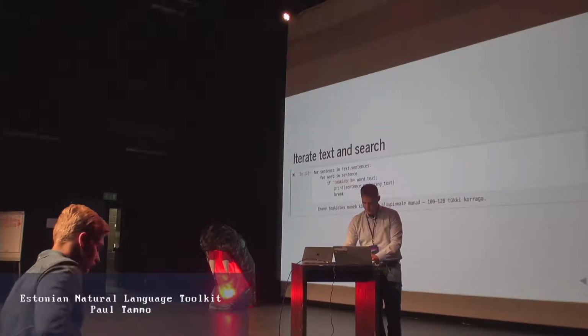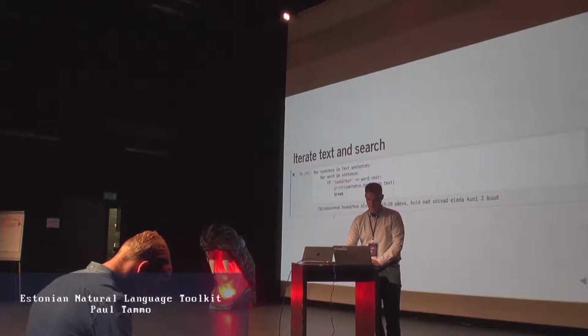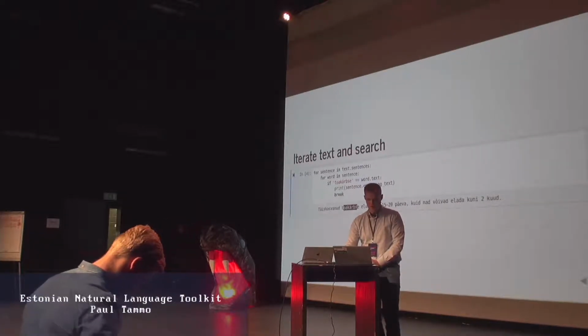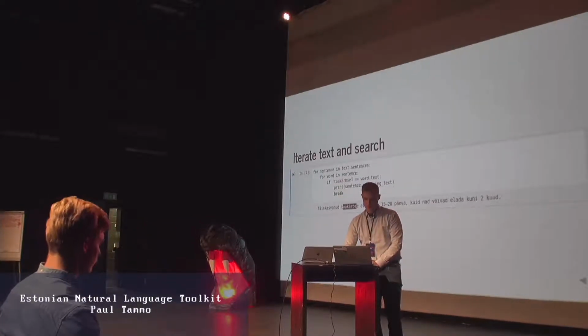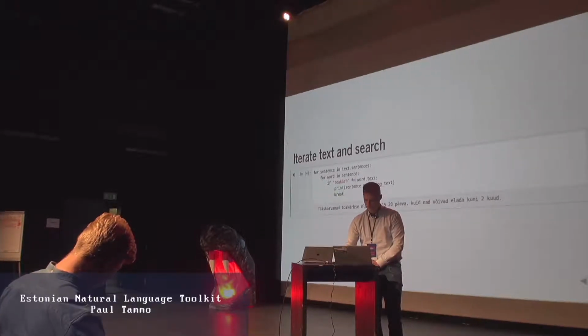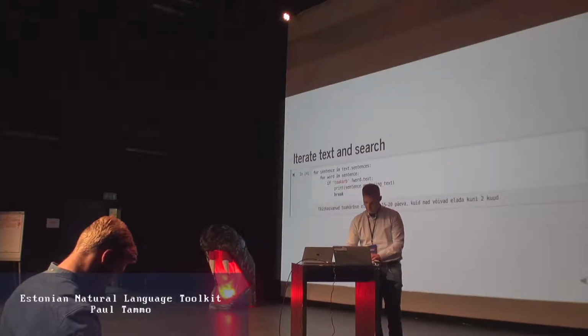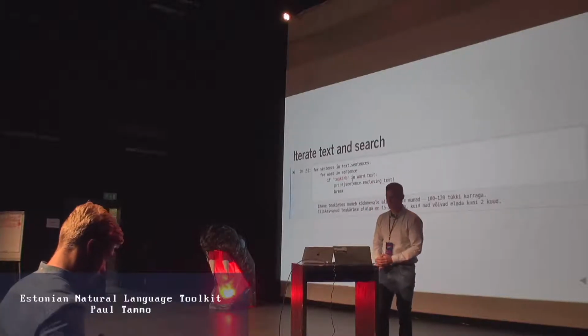Let's just try the toakärbs form. Yes, it found the toakärbs here. What else? We could abbreviate that toakärbs. Let's just remove the last two characters and try this way. Okay, that works.